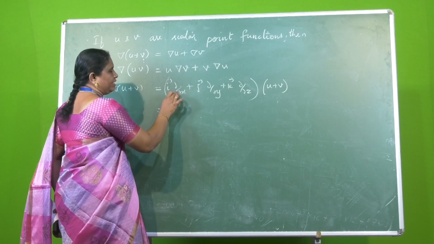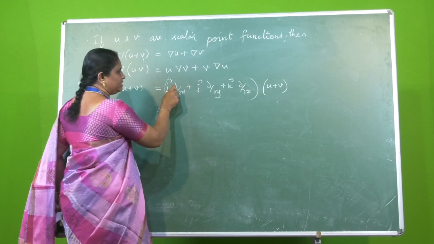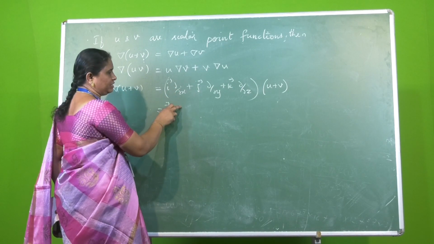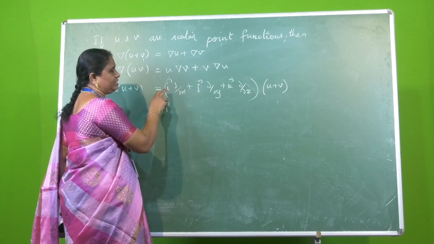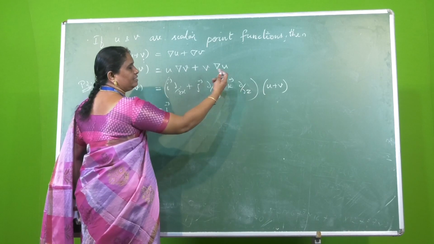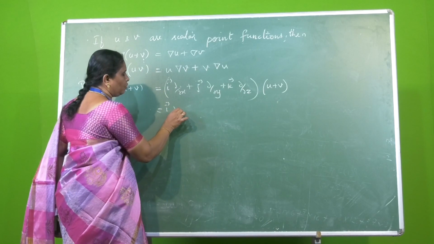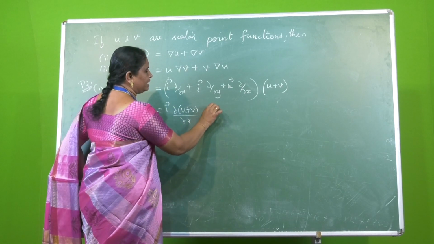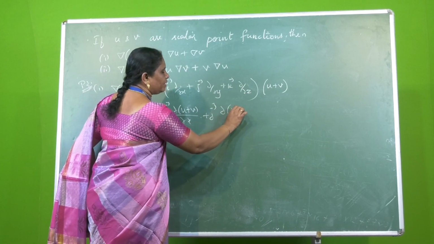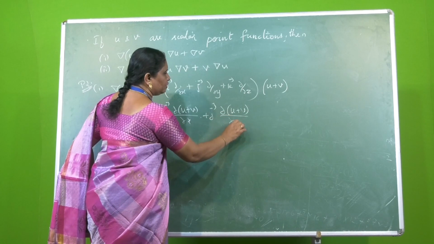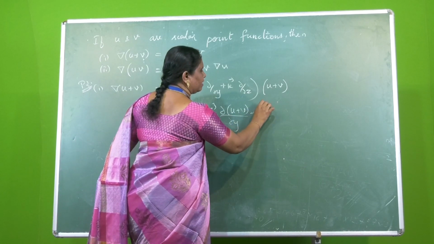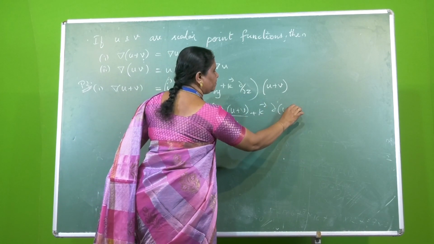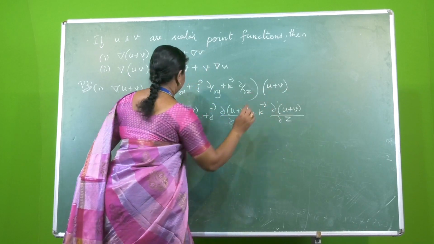First we insert this u plus v in the first term and differentiate with respect to x, and then with respect to y, and then with respect to z. So dou of u plus v divided by dou x plus j vector dou of u plus v divided by dou y plus k vector dou of u plus v by dou z.